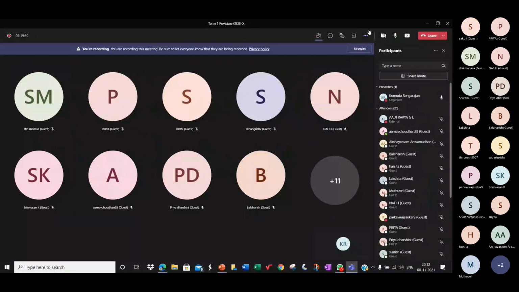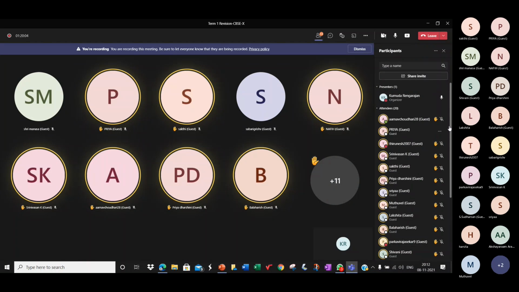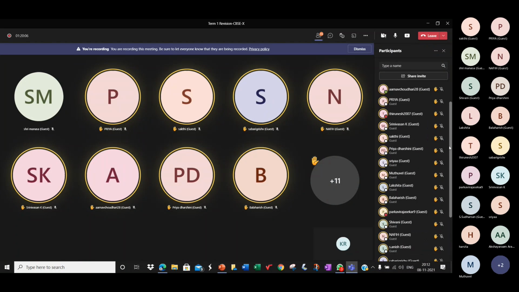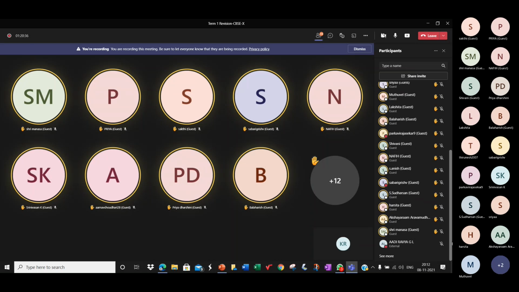Class, use the emoji, raise your hand. Harshita, are you there? Manasa, Aksharam, Ravya. Very good. Harshita, Manasa, good. Aksharam, okay. Ravya.